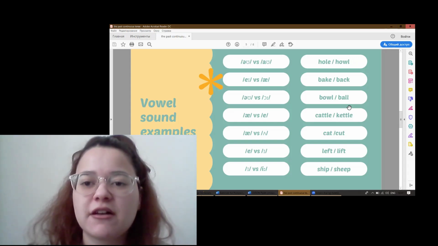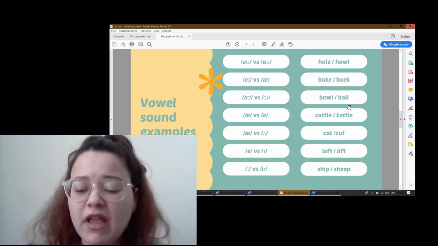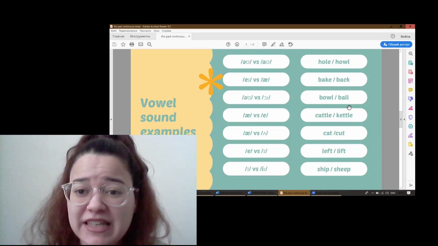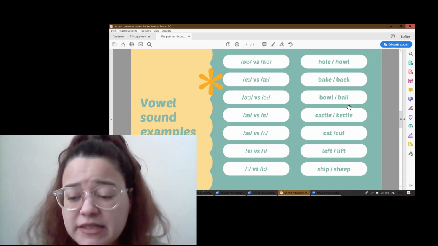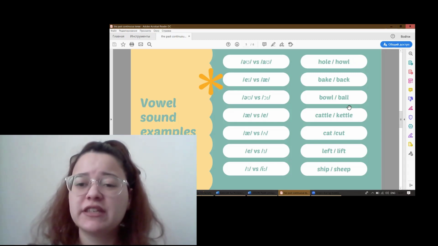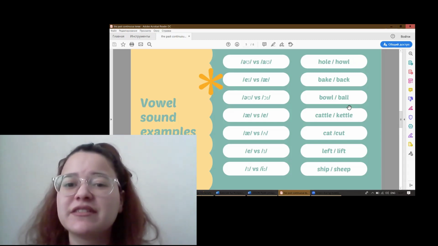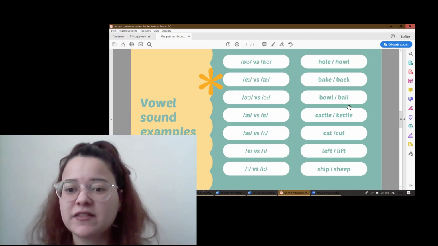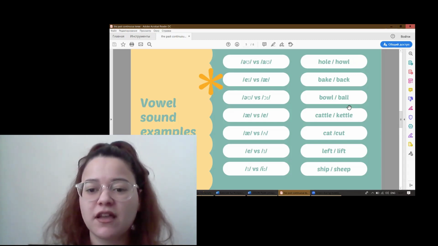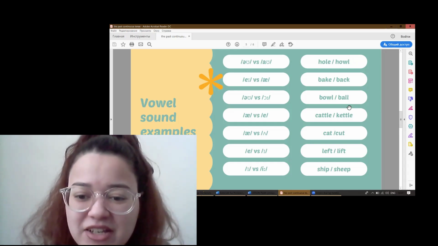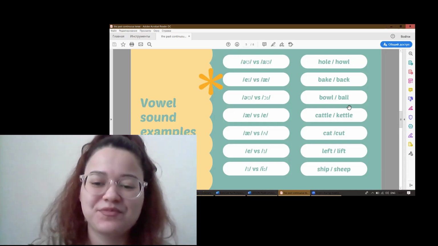For example, I caught the fox in the hole. Yes, but it howled with a great sound. Yes, I choose howl with W. Bake, back, bowl, kettle, cat, lift, sheep, ship.